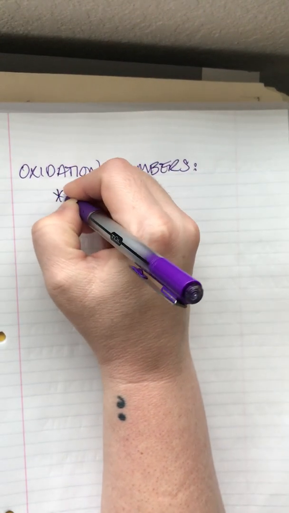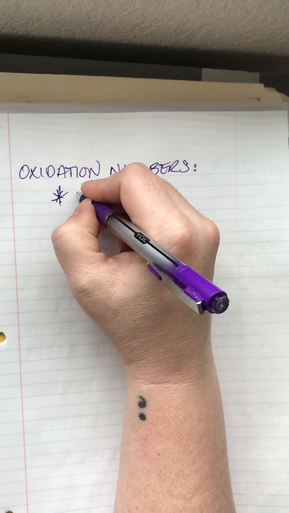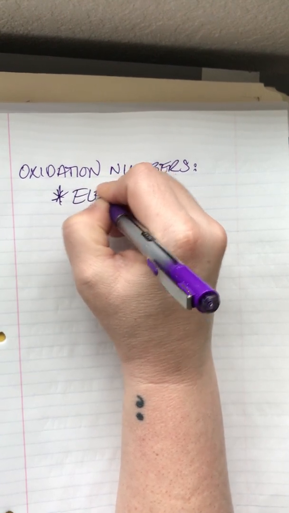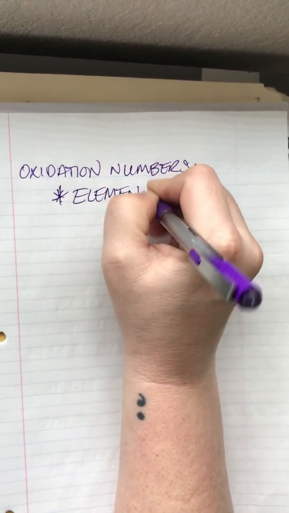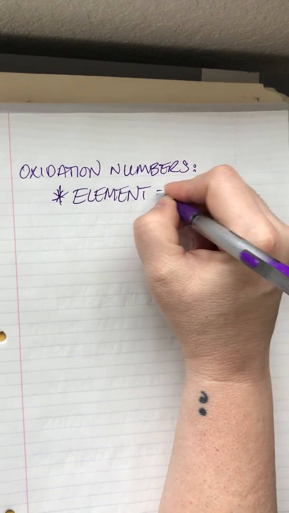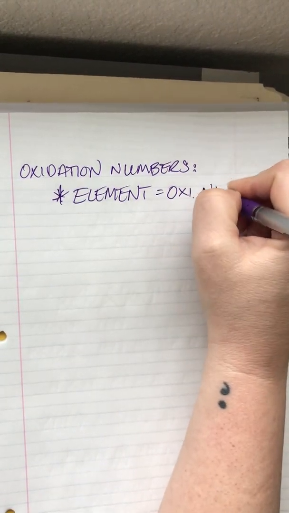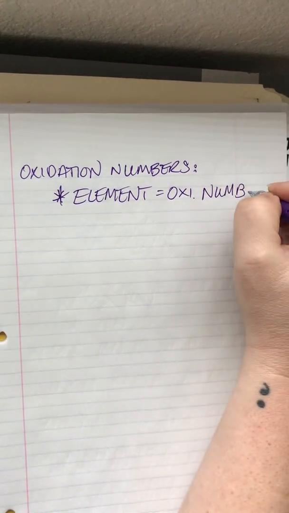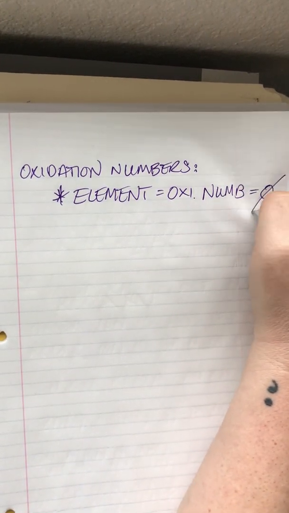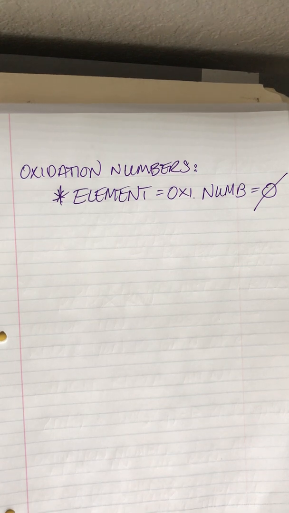So the first one is if you have an element, your oxidation number is 0. Okay? So, as an element, your oxidation number is 0.